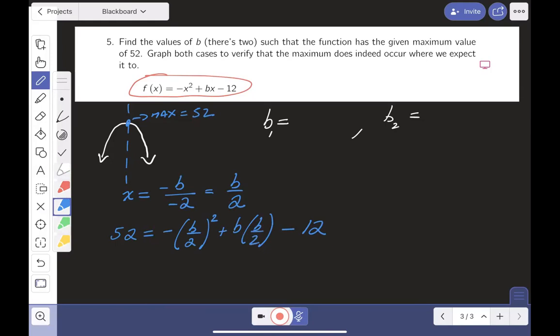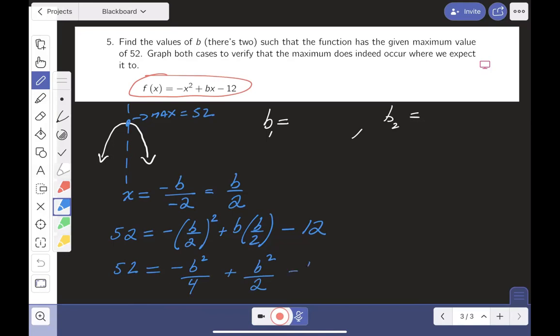Let's go through a simplification. Let's see, you would get minus b squared over 4 for the first term. Then you would get b squared over 2 for the second term. And then you get minus 12.